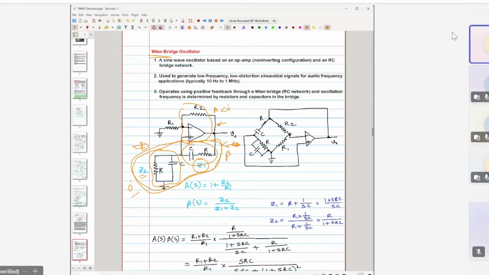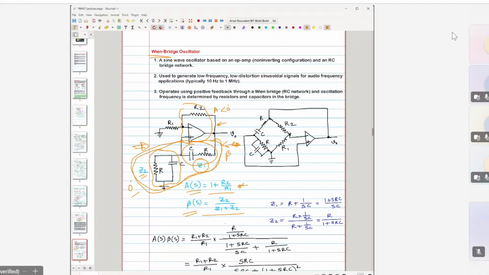Now here to find out what is A, so basically A of S. This is a non-inverting amplifier, so the gain is 1 plus R2 by R1. And what is the gain or attenuation provided by this passive frequency selective network? This beta, as I mentioned, this is Z1, this is Z2.